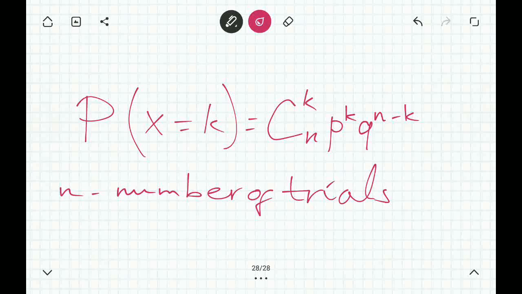It doesn't matter if your p and q are 50-50 or if they are different. But the only thing is that you should have only two outcomes. So there's nothing except p and q. And that means that p plus q is 1, right? 100% that either one of those happens. Okay.